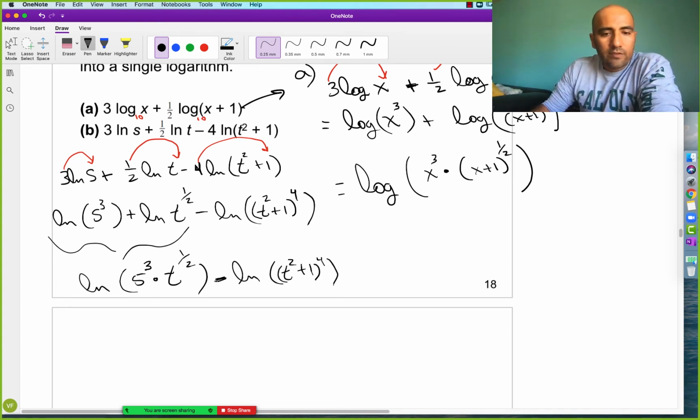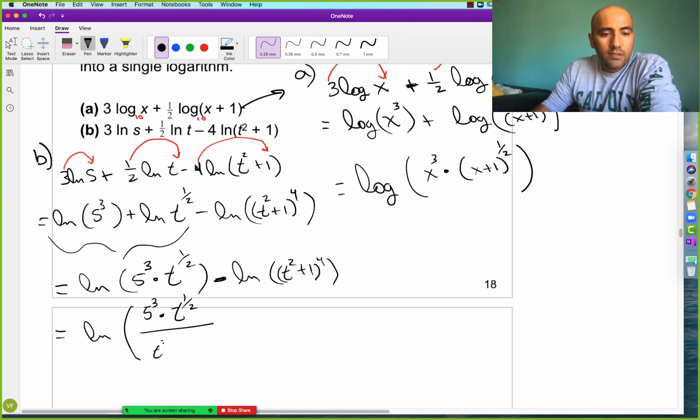And now we have a subtraction, so these two divide. And so my final result for B will be ln of s to the 3rd power times t to the 1/2 power all over (t squared plus 1) to the 4th power.